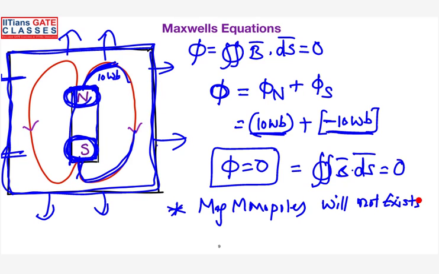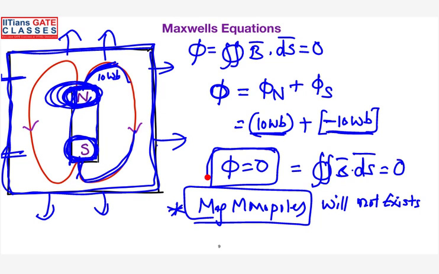Suppose you assume there is only a magnetic monopole, that means only the North Pole exists. In that case, can you get the value of phi equal to 0? Suppose I have only a magnet where only the North Pole exists. Can you get the flux to be 0? No, sir. Right.